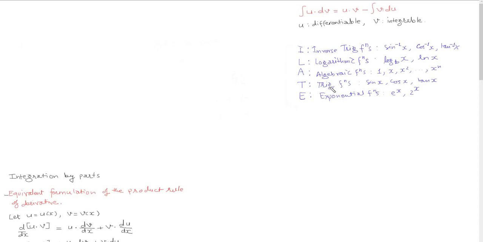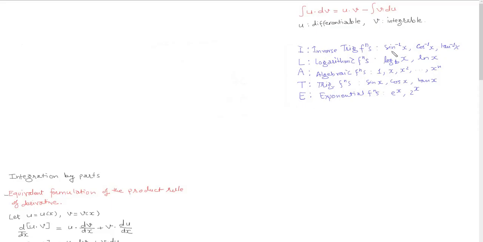Here in the corner we can see the formula: integration of u times dv equals u times v minus integration of v times du, and u is a function which we can differentiate and v is a function which we can integrate. So ILATE is the order that we need to consider.